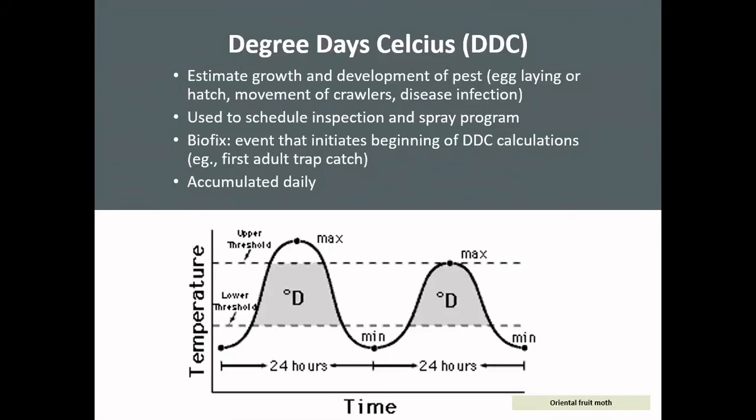So if you accumulate the number of hours during the day which were within that ideal development range, then you can use this to help target or predict key life events of that particular pest, whether that's egg hatch or emergence for particular activities, or it can be for disease infection as well.